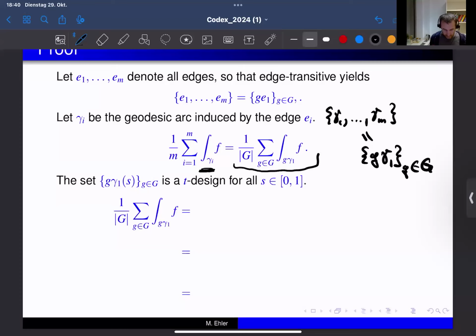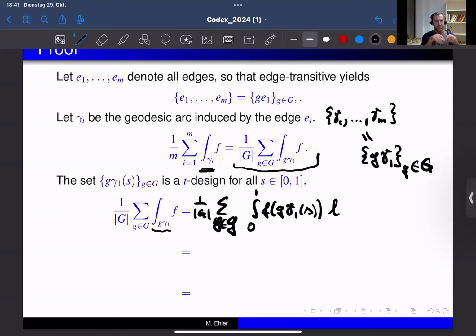And now I can go further. From here, I have 1 over the group order, the sum, and now I have an integration, and I should really write down what it means. So it's 1 over |G|, sum over G in G, the integral from 0 to 1 of f at G gamma 1 at s.